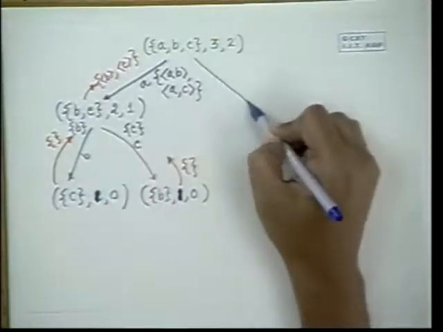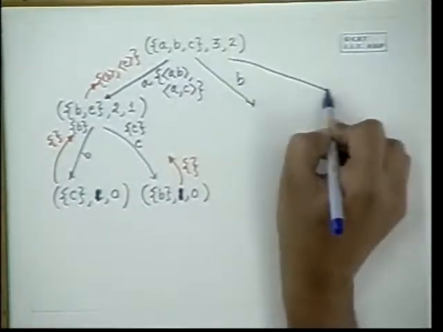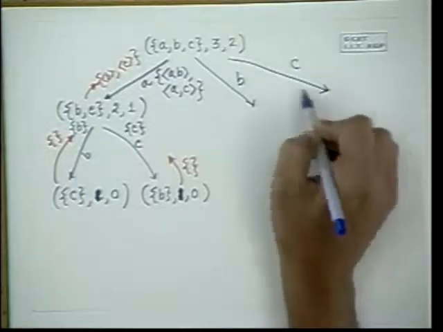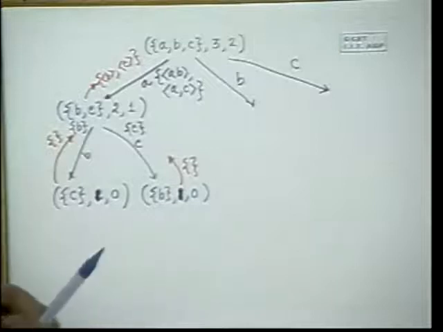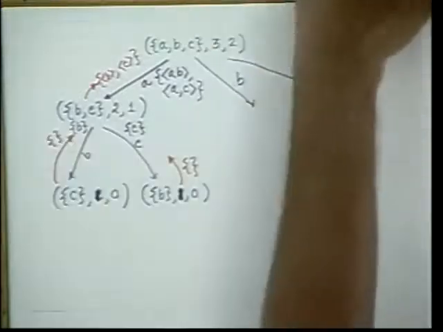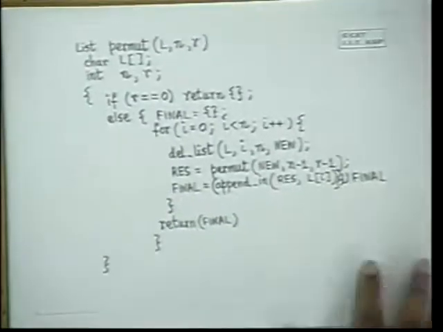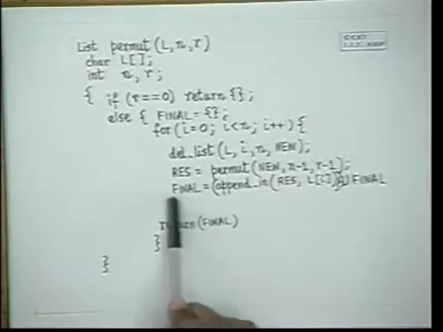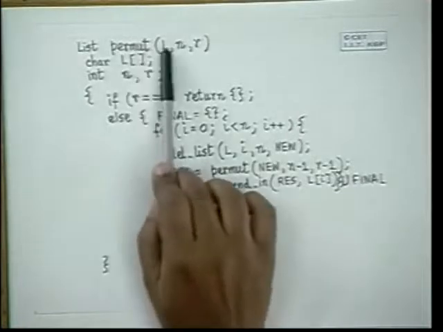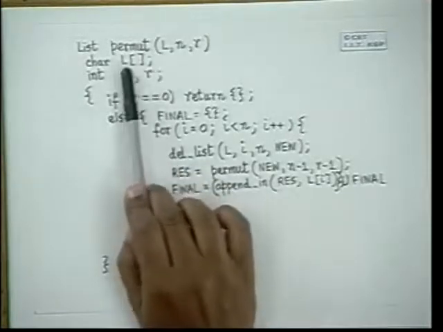Similarly, you call it with B, and similarly you call it with C, and you get the three results this way, and you combine it. This was the idea which we had. So this is the program in some sense, but still we have not been able to declare this data structure. We have been able to declare this array as a character array and a string.